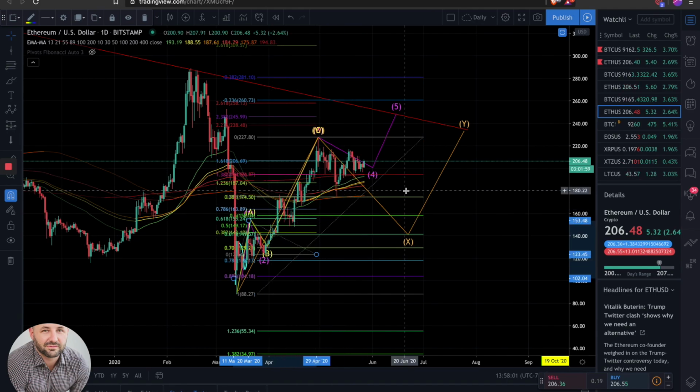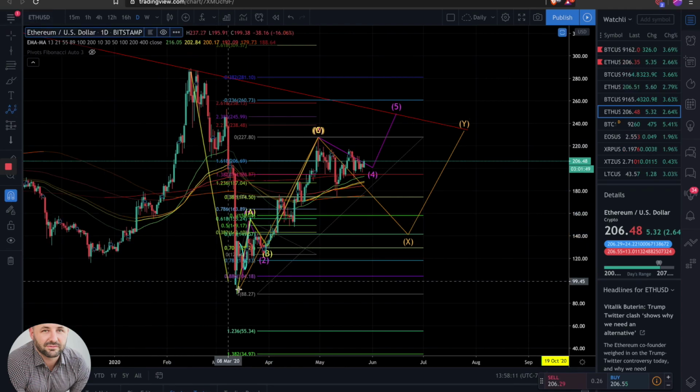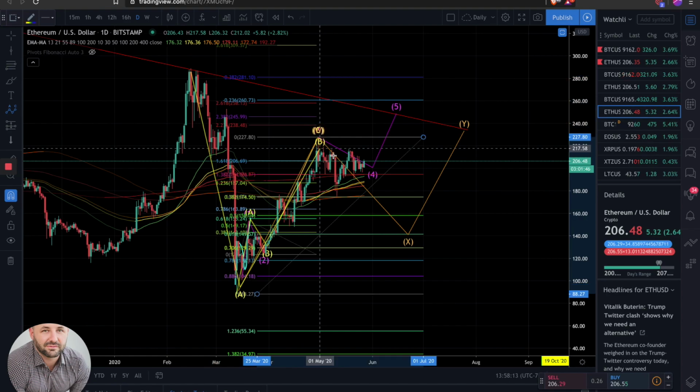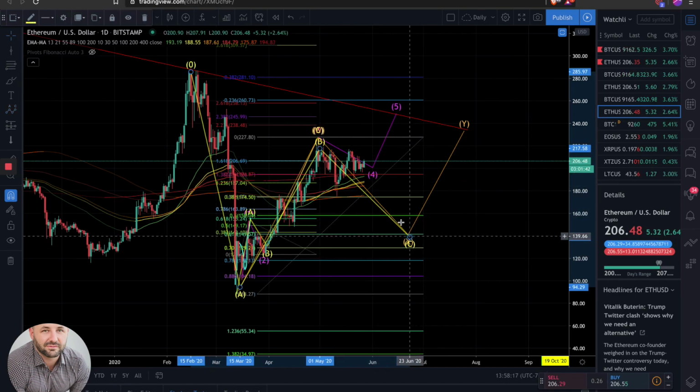So in my opinion, it still looks a little corrective, meaning that we would either need to have this be, like I said, a WXY, or potentially just an ABC zigzag, in which we could still finish off right here around the 140 mark for that 0.618 or the 0.5 pocket.